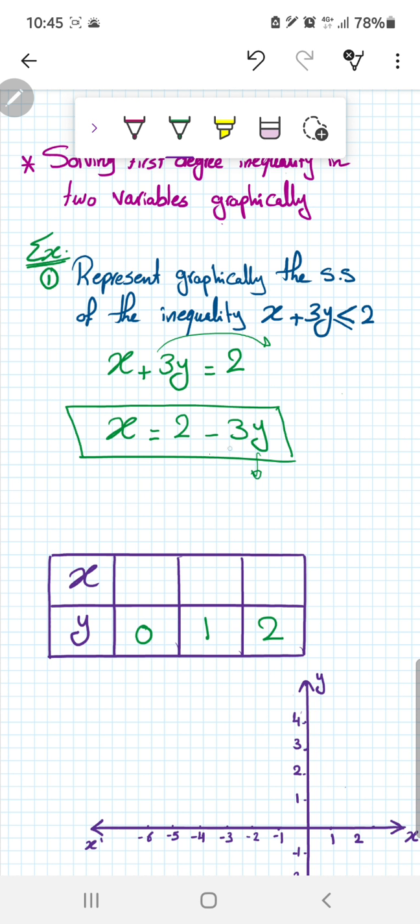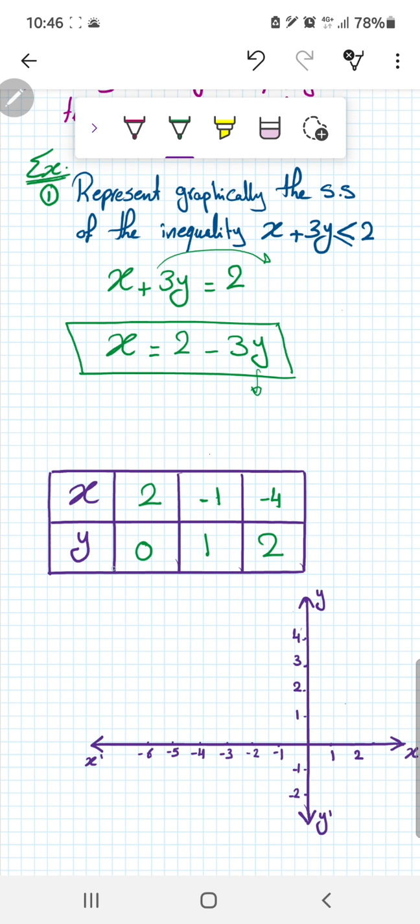Here 2 minus 3 times 0, it will be 2 minus 0, 2. 2 minus 3 times 1, 2 minus 3, negative 1. 2 minus 3 times 2, it will be 2 minus 6, negative 4. So we have the first point 2 and 0, here negative 1 and 1, and finally negative 4 and 2.